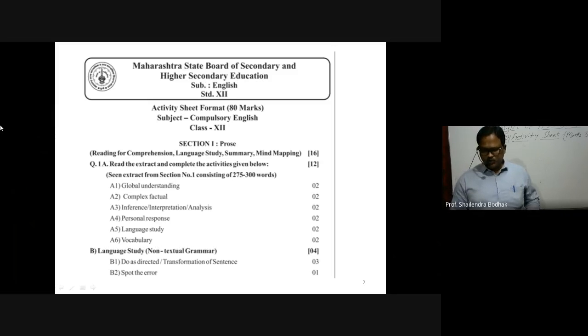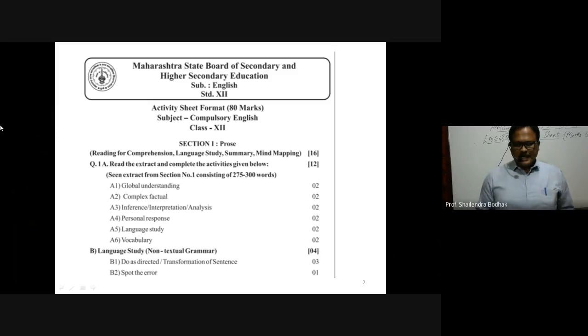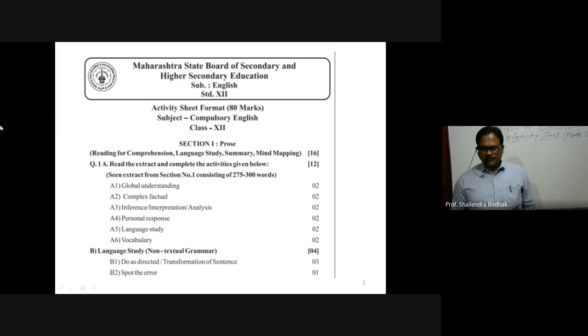In simple words, what do you understand or come to know after reading the text or extract? That is interpretation. Then analysis. Analysis meaning is detailed study from all angles, dividing in parts, or we can say dissection.